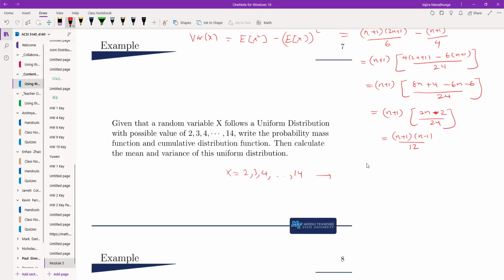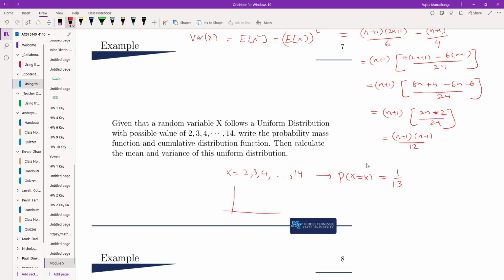So then that means probability x equal x is going to be 1 over 13. X can take only 13 possible values. Random variables can take only that. I mean, this is a function, remember? So the size of the image is going to be 13. So probability mass function is 1 over 13.